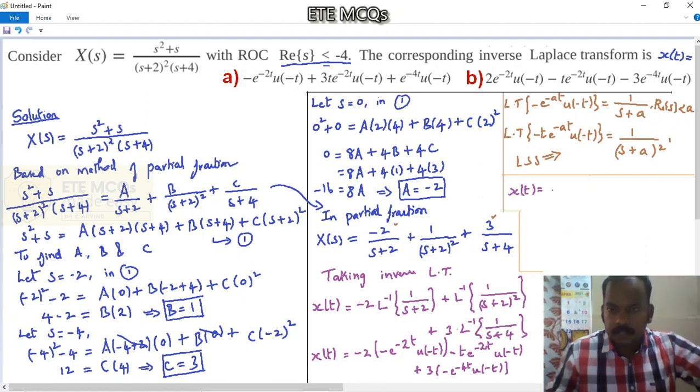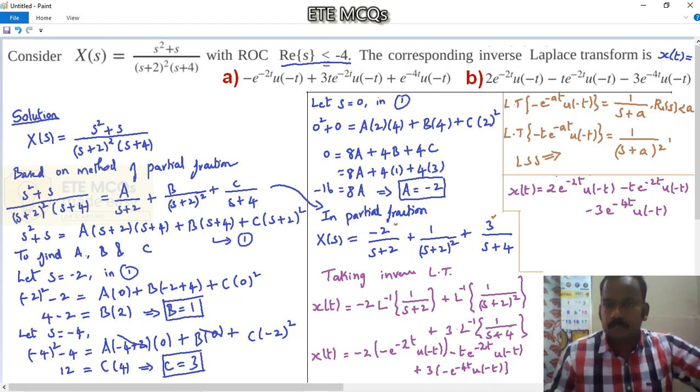X of t is equal to 2 times e power minus 2t into u of minus t, minus t into e power minus 2t into u of minus t, minus 3 times e power minus 4t into u of minus t. So this is your final solution.